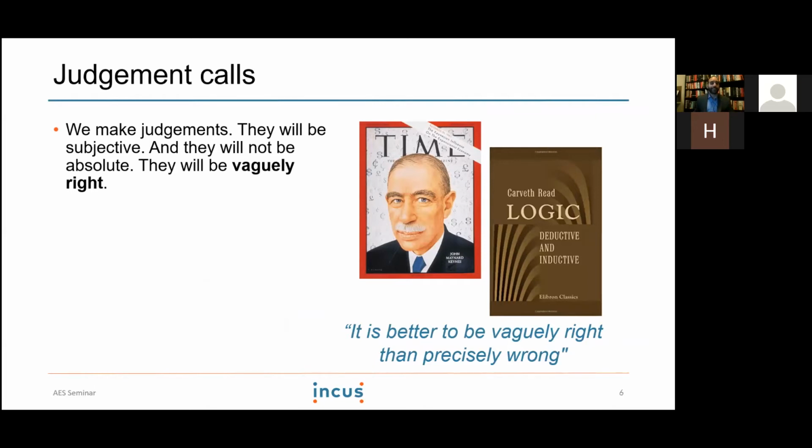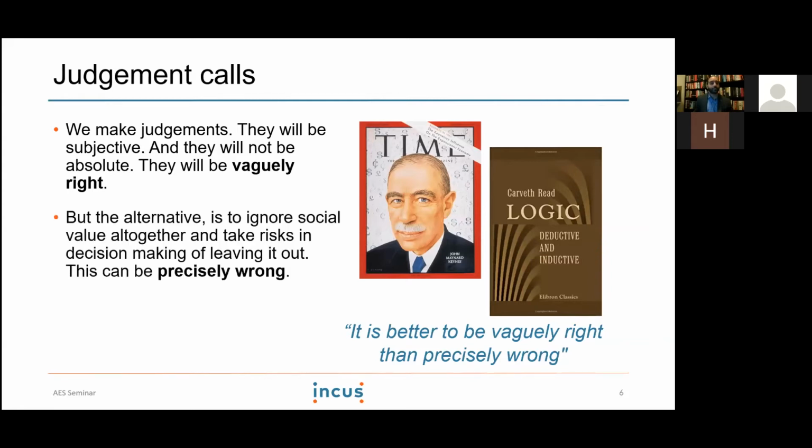There's a quote that's often attributed to the British economist John Maynard Keynes, but is actually from somebody else, which is ironic given the quote. The quote itself is that it is better to be vaguely right than precisely wrong. So making subjective judgments is sometimes vaguely right, but the alternative, which is to ignore social value altogether and risk leaving it out of decision making, is precisely wrong.